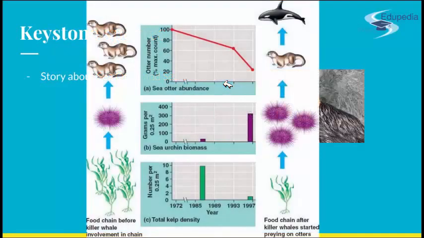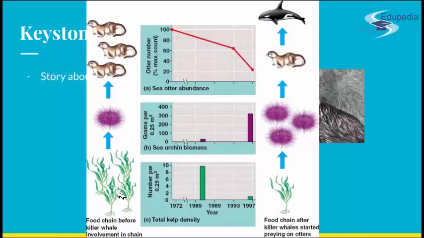Okay, so the sea otter feeds on sea urchins, which then feed on kelp. In areas where sea otters are abundant, the sea urchins are rare, and the kelp forest is well developed.